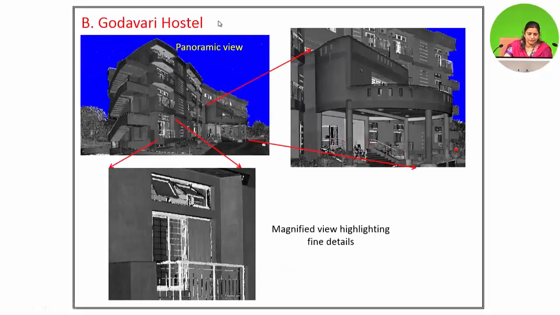This is again another building in the IIRS campus, zoomed version here. You can see what all details are visible. The window panes, whether they are open, whether they are closed, this one is open, this is closed. So all these details are available. So it gives you a very detailed view of the area.